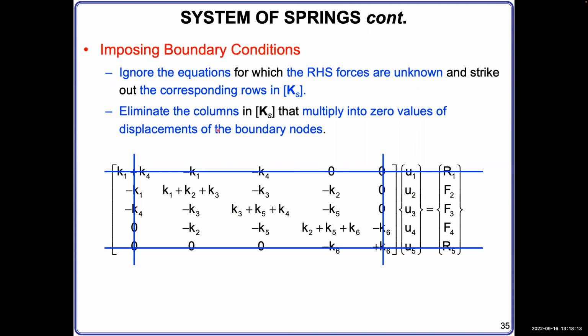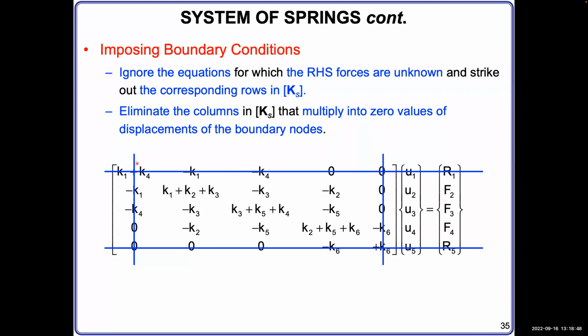So overall, to reduce the number of equations, you follow this principle: you ignore the equations for which the right hand side is unknown. Strike out the corresponding rows, and at the same time eliminate the corresponding columns in the structure matrix that multiply the zero displacement values of the boundary condition.